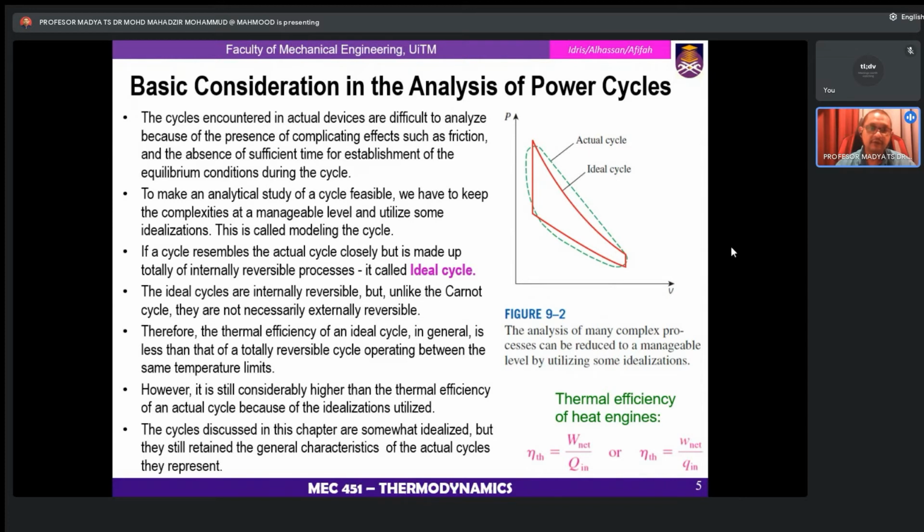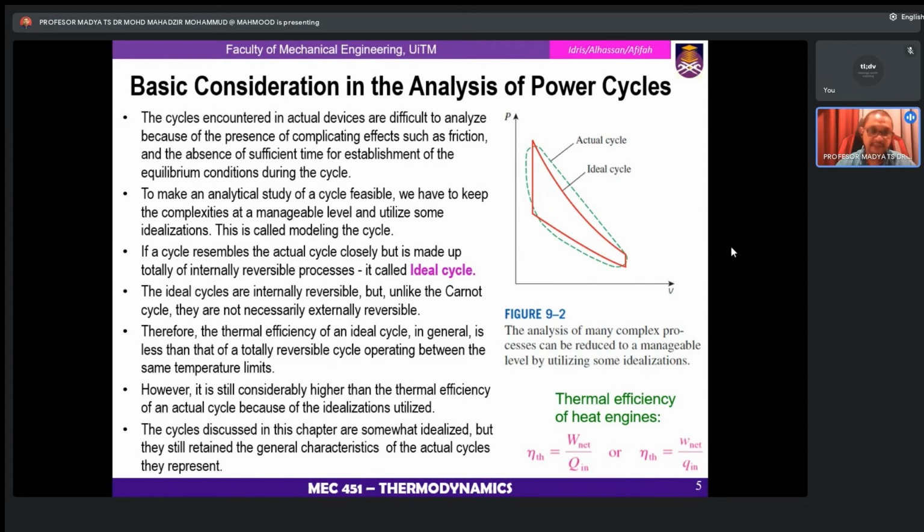Therefore, the thermal efficiency of an ideal cycle in general is less than that of a totally reversible cycle operating between the same temperature limits. Please keep that sentence in mind. However, it is still considerably higher than the thermal efficiency of the actual cycle because of the idealizations utilized.